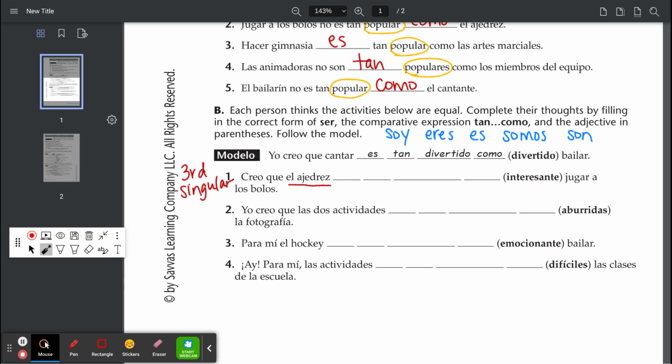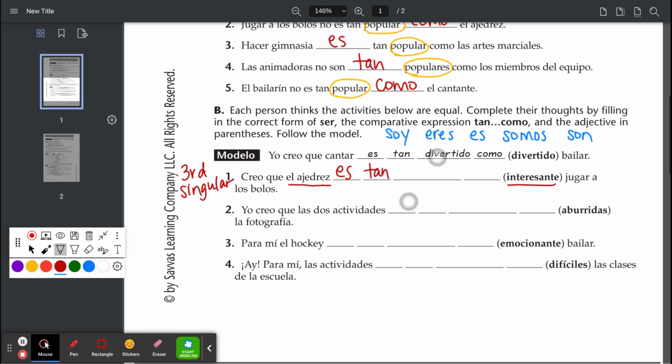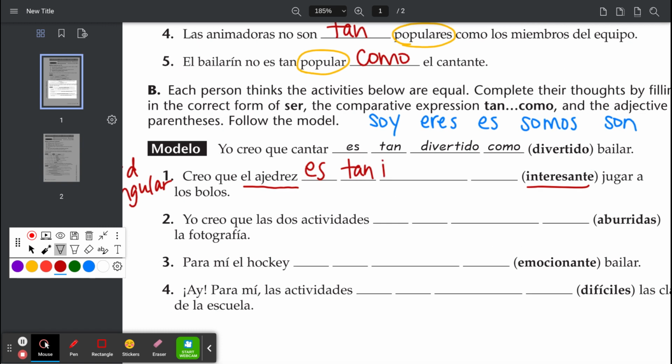Es is he or she is, you are, or it is. So in this case, el ajedrez would use es. El ajedrez es tan, which is next. Our adjective is interesante. So we're going to write interesante here. And then the last part of our comparative expression is como.